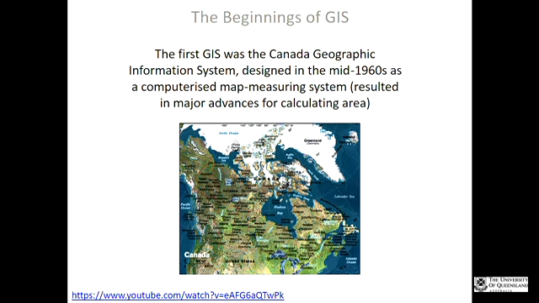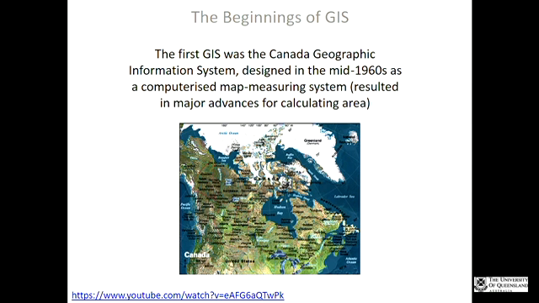There were challenges in trying to estimate the area of different natural resources, so they developed this computerized system, essentially a database. The thing they really couldn't solve, or was very time-consuming at that point, was calculating areas of things.